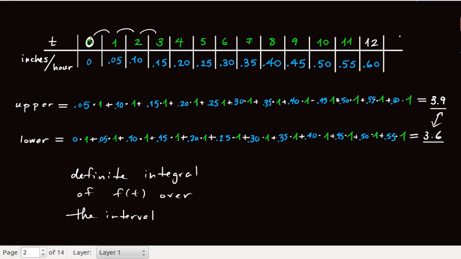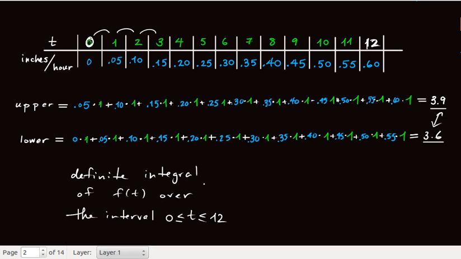We start at 0 and we end at 12. So over the interval between t is bigger than 0 and 12. So this is going to tell us the exact amount of snow that falls in that time period between midnight and noon.